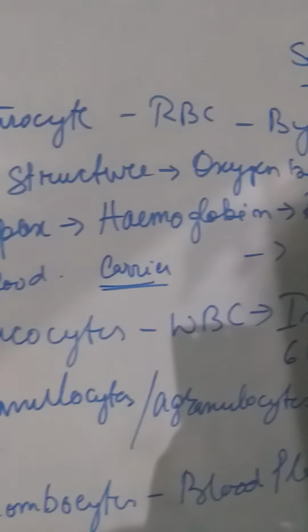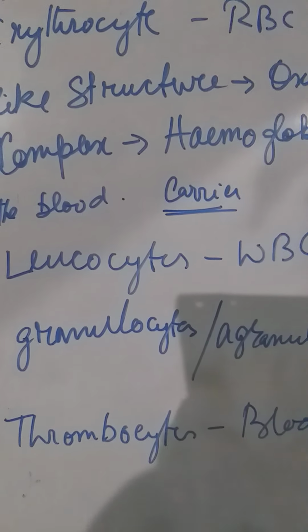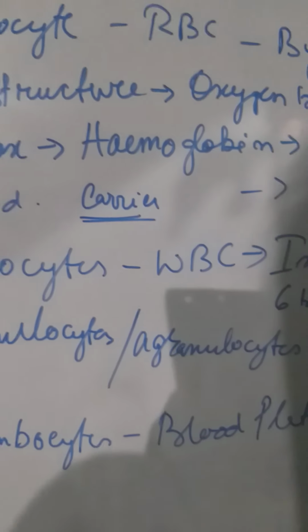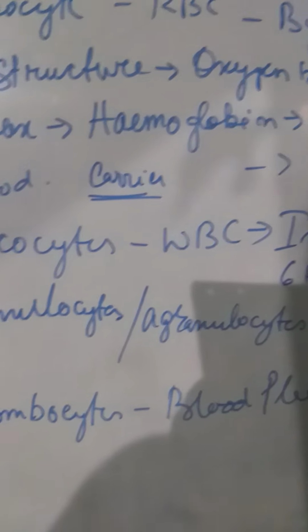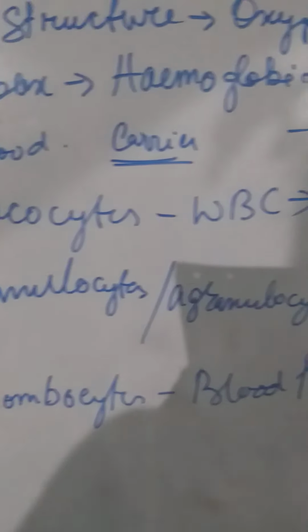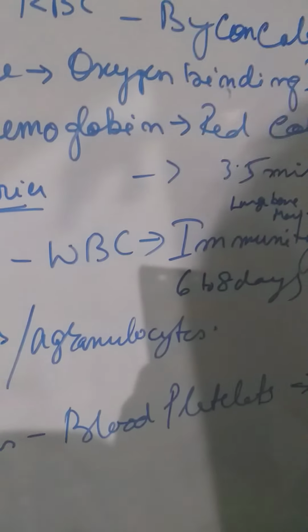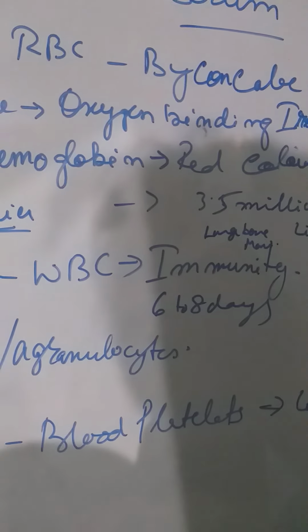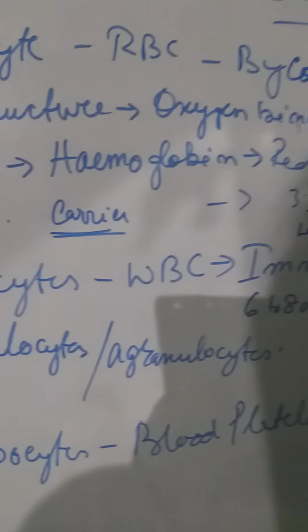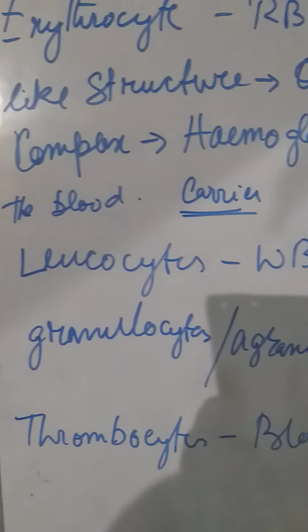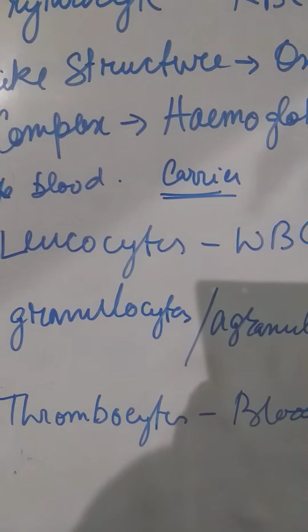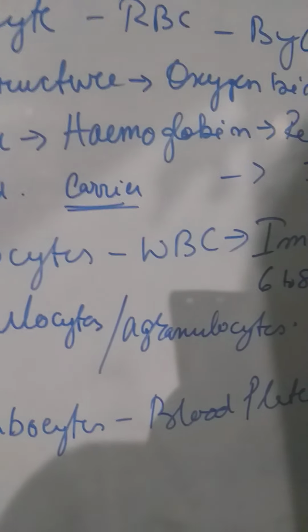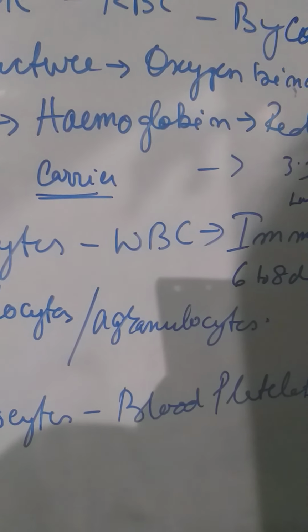The next part we come across is the leukocytes or WBCs. There are many varieties of leukocytes, granulocytes and agranulocytes, and they are responsible for immunity. Their average lifespan is 6 to 8 days. Whenever a person suffers from any infection and a blood test is done, the primary thing is an increased number of WBC.